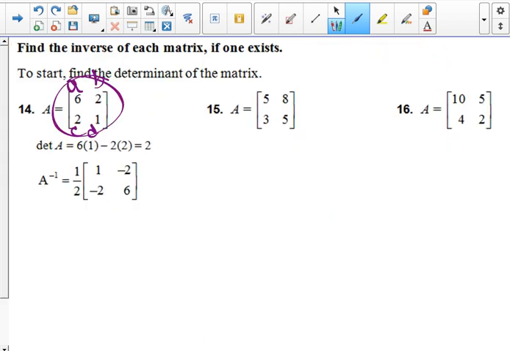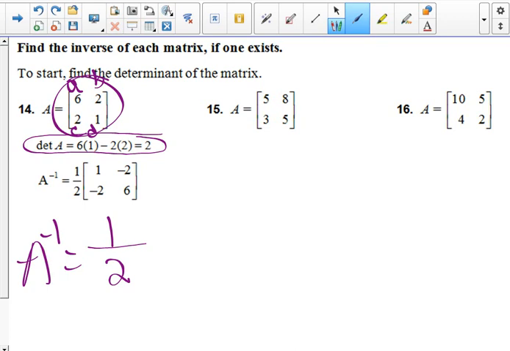So when you plug this into the calculator and hit determinant, you're going to get 2. So the inverse of this is equal to 1 over the determinant, which is 2. Oh, and they had it right there. Sorry. And you also know the determinant is 6 times 1 minus 2 times 2, which is 6 minus 4. So you didn't even need the calculator. Remember, the 2 by 2s are the easy ones.